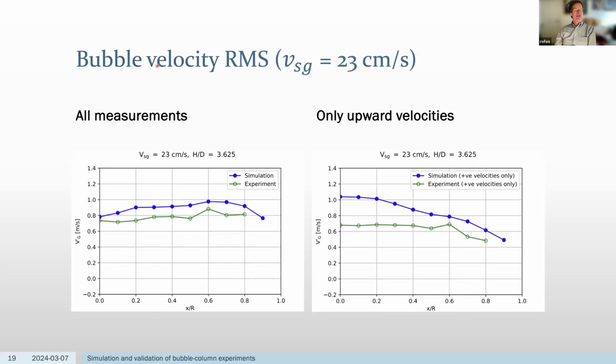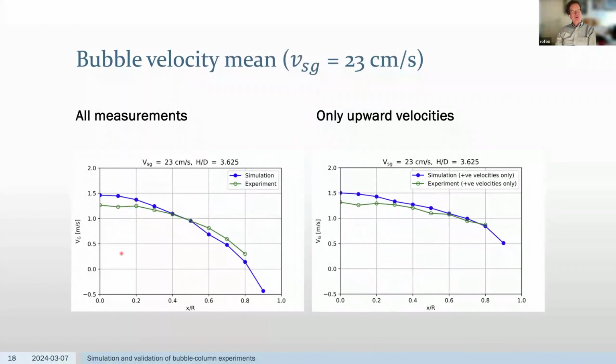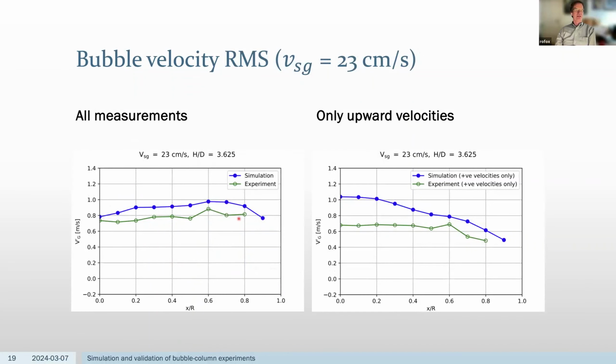RMS velocities, now looking at fluctuations. An interesting thing here is that basically the fluctuations are independent of the location. On the previous slide, you can see there's a mean upflow in the middle and a downflow at the wall, which is expected because it's a closed system. But the RMS velocities you can see are nearly constant.